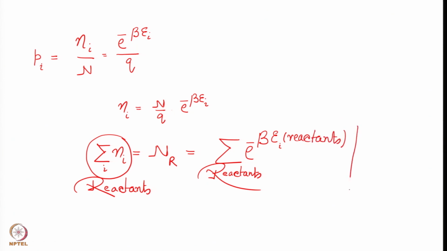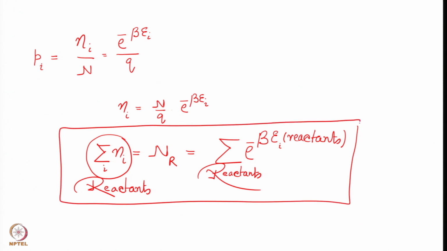This expression is very important because this is what I need to use to obtain an expression for equilibrium constant over here. Summation Ni is equal to N corresponding to reactants, and then this summation I will only apply to the reactants. Now, very carefully listen.